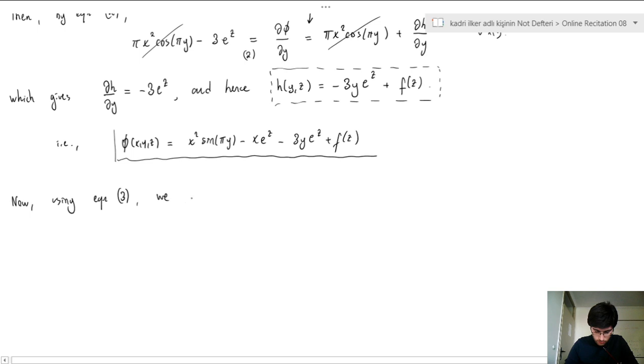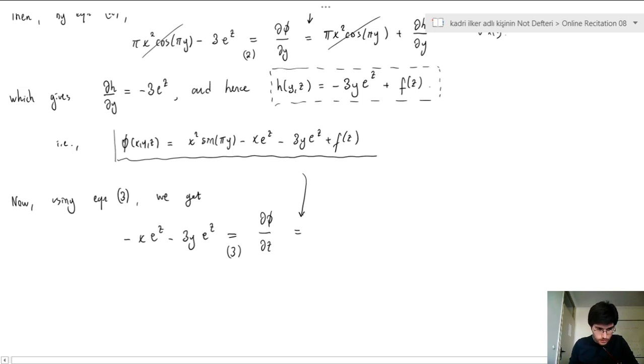So we get the following observation. Equation 3 tells us, so this part is exactly equation 3, e to the z. This should be del phi del z, and we have the form of phi.